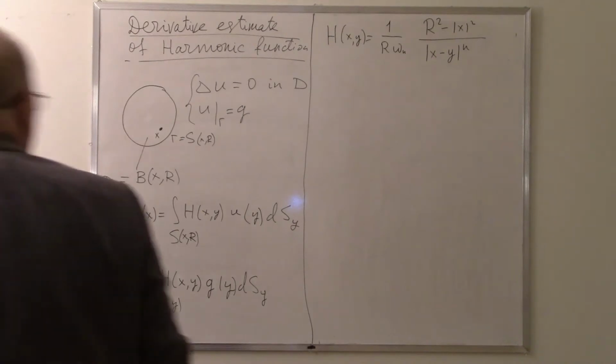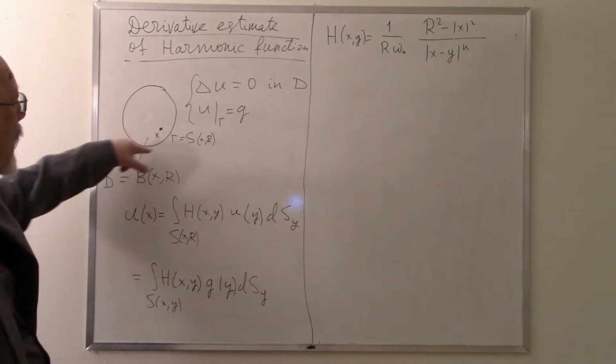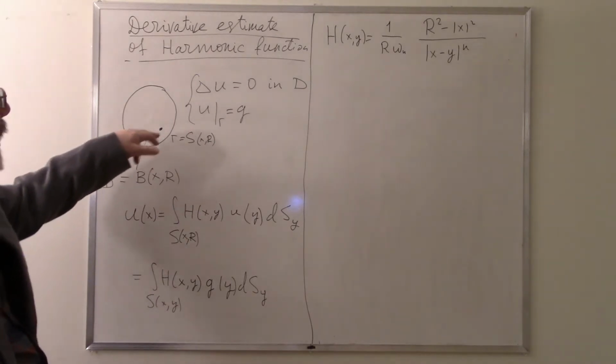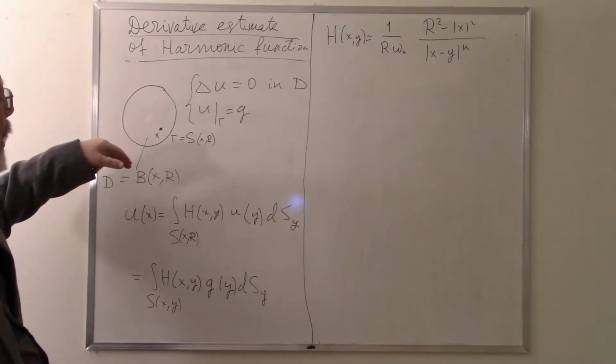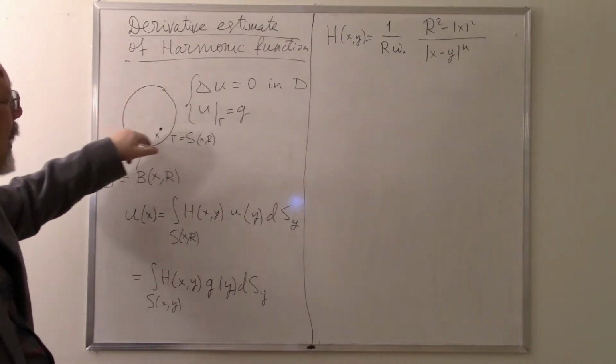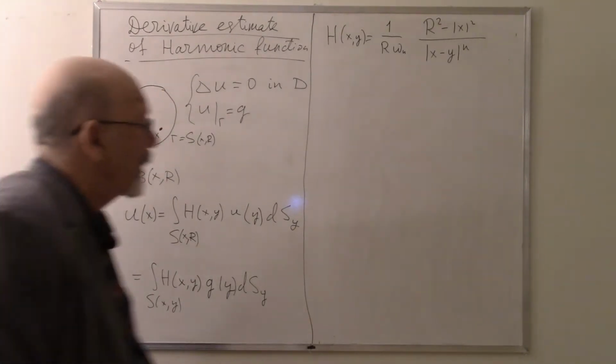Omega n is the area of the sphere S. So it is a sphere of radius r in R^n, so it is an n minus 1 dimensional area.